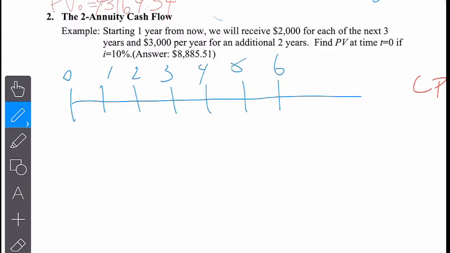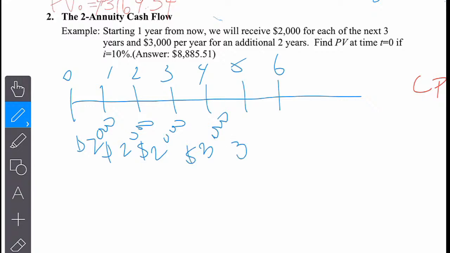So 2,000 for 3 years. And then 3,000 for 2. So it ends here. I don't even need the 6th year.